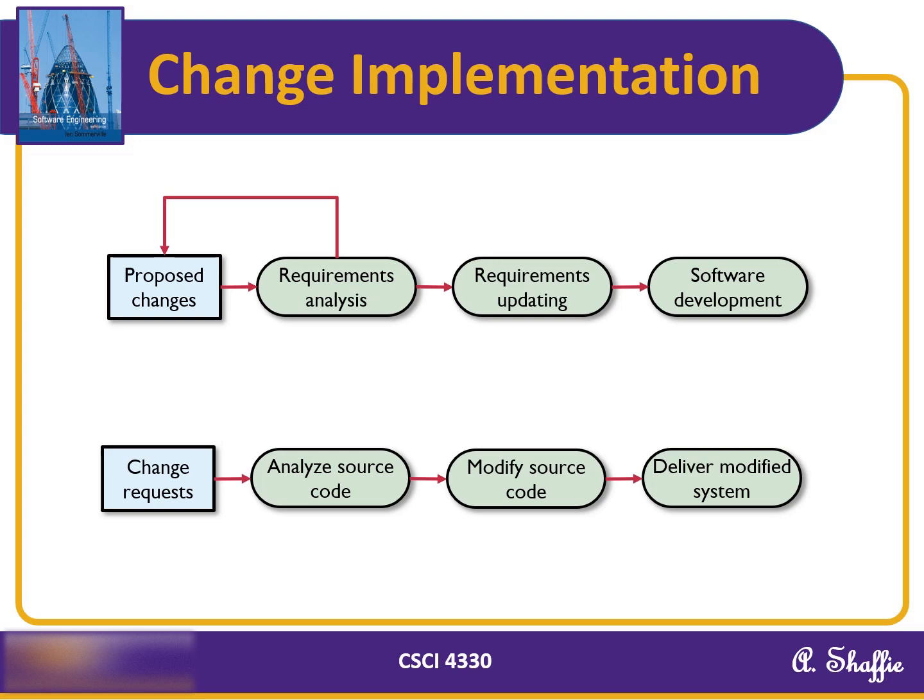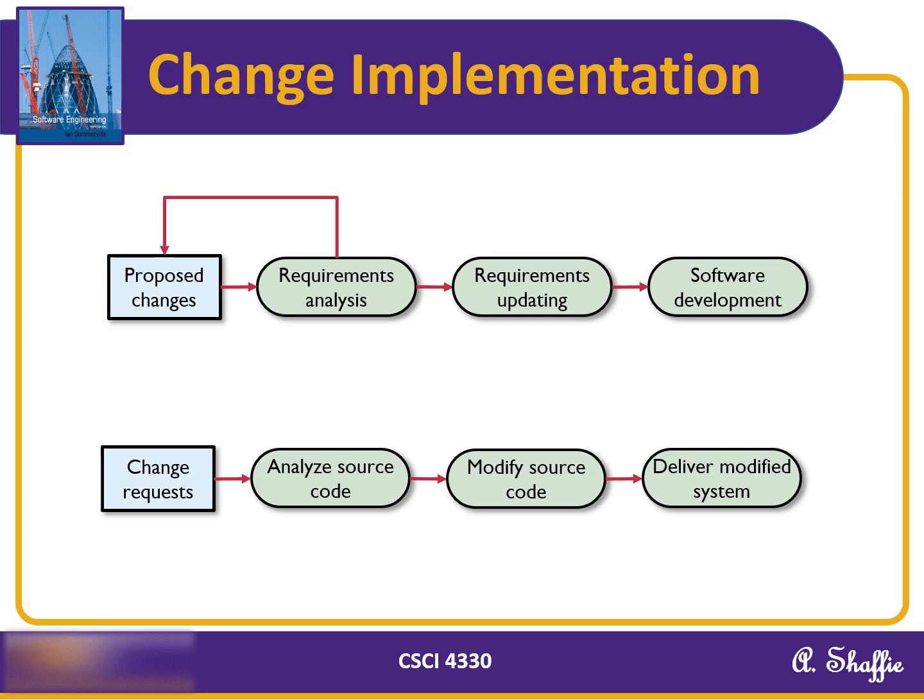However, there are situations where we may need to perform an emergency repair for a critical issue. In such cases, we follow the second model, which is for urgent changes. These changes are implemented without going through all the standard stages of the software engineering process.